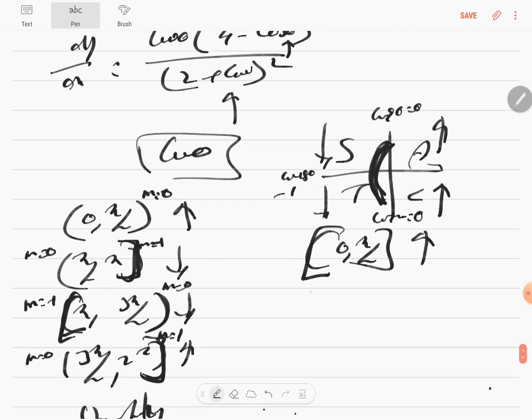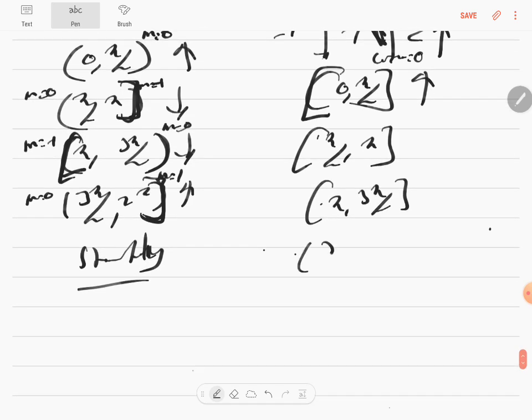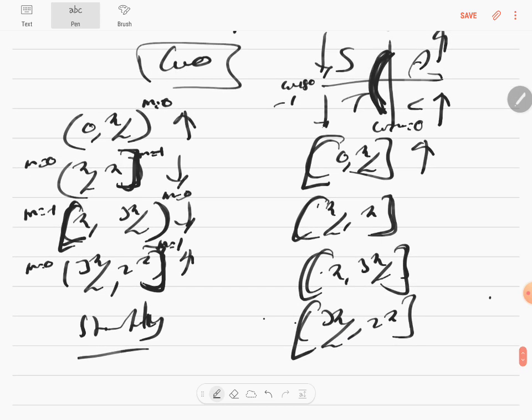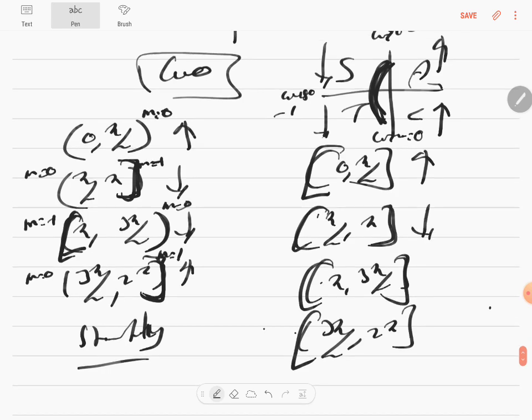Okay, 0 to pi by 2, then pi by 2 to pi, pi to 3 pi by 2, and 3 pi by 2 to 2 pi. You have to write it like this, all with inclusive brackets, and write increasing or decreasing. 0 to pi by 2 is increasing, next is decreasing, decreasing.